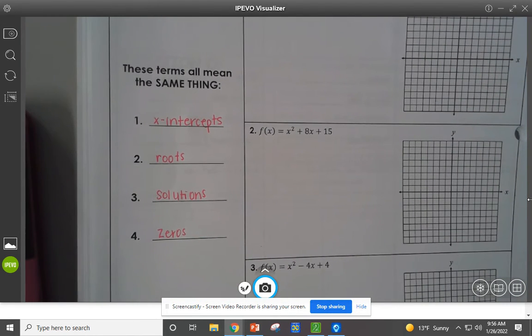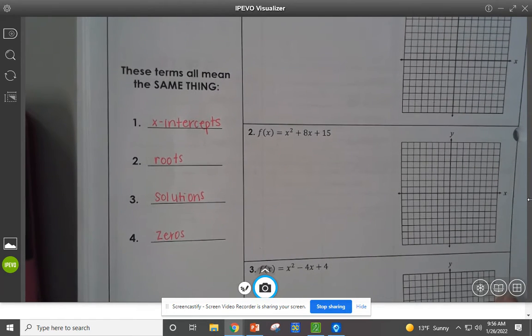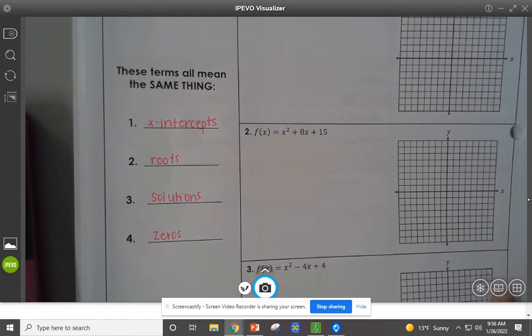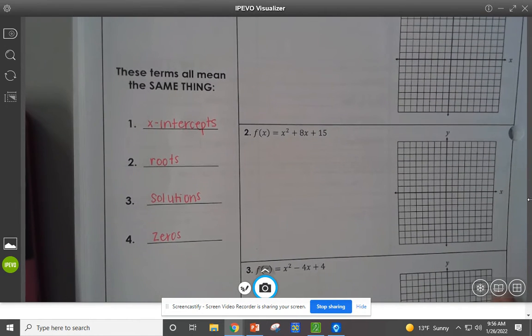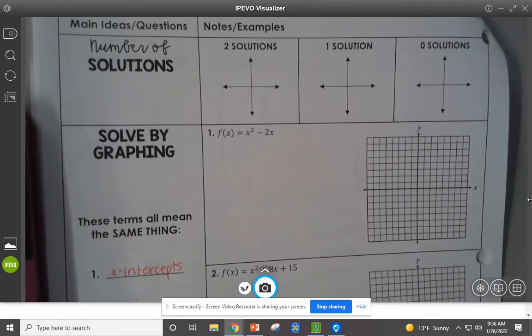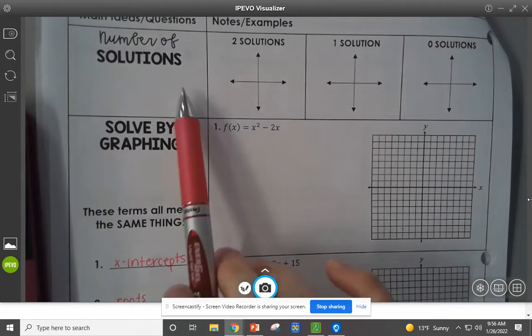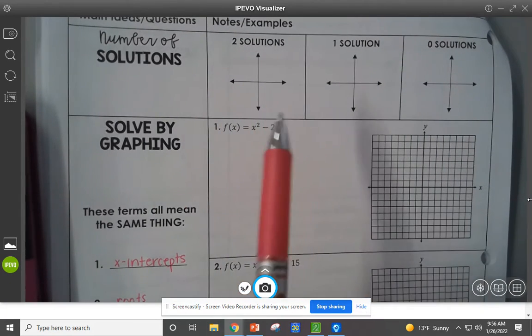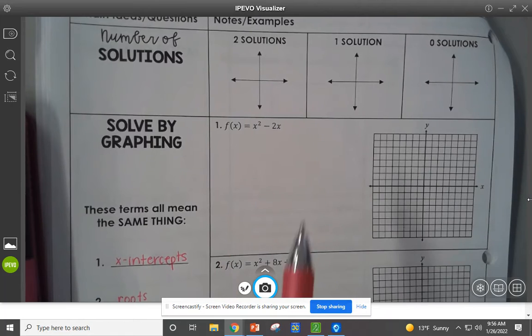Those all mean the same thing. So if something has 2 solutions, it has 2 x-intercepts. A quadratic cannot have more than 2 solutions or more than 2 x-intercepts.